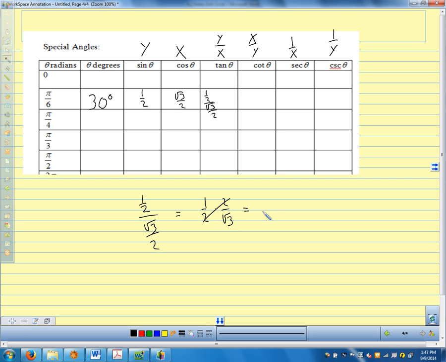So the 2's cancel and I get 1 over square root of 3. When I have a radical in the denominator, I want to rationalize. Tangent of pi over 6 is square root of 3 over 3. Cotangent, x over y, or the reciprocal of tangent, is going to be 3 over square root of 3. And I want to rationalize that.